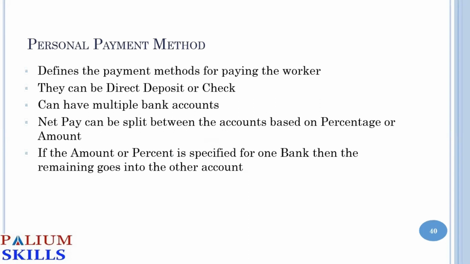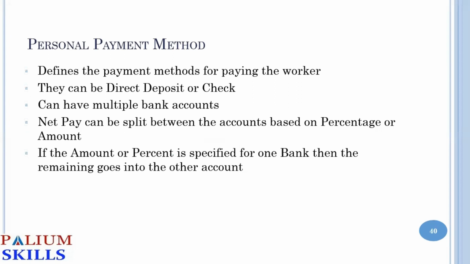Then we come to the personal payment method. Personal payment method is used for paying the worker. They can be direct deposit like bank transfer, or check. Earlier, we used to have cash, but nowadays very few companies have cash.